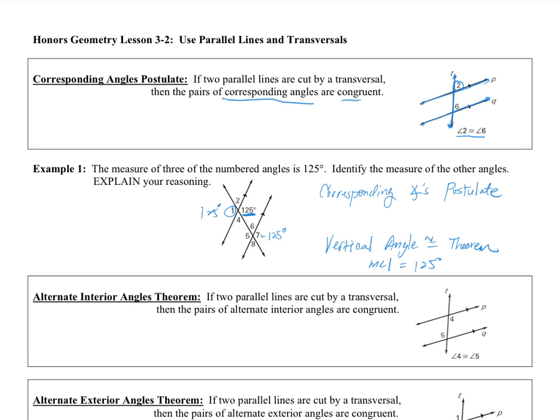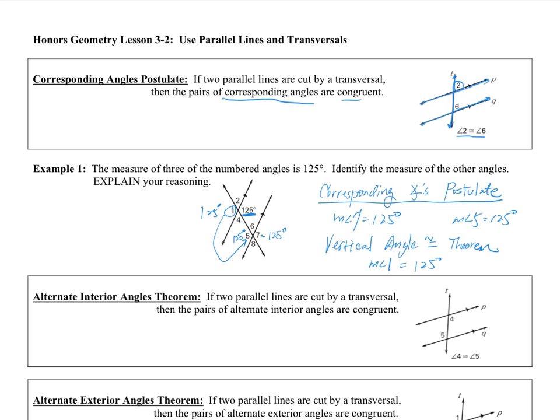So this makes measure angle 5 also 125 degrees. So let me first write down measure angle 7 being 125 degrees because of the corresponding angles postulate. But for measure angle 5, which equals 125 degrees, we have two reasons.